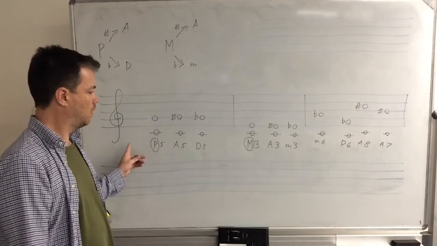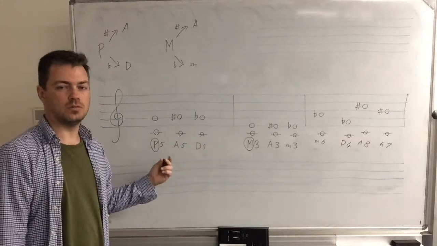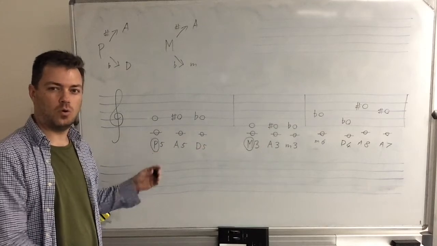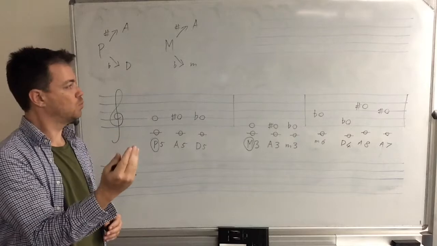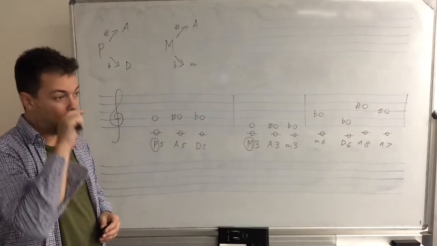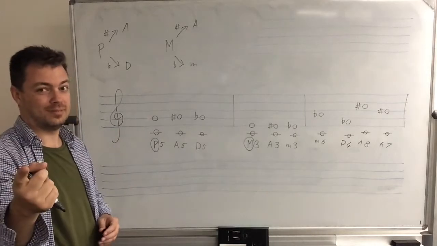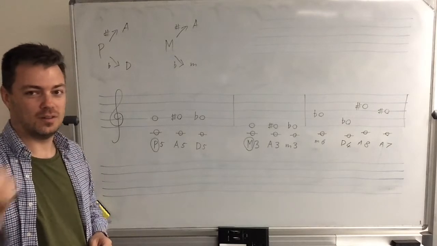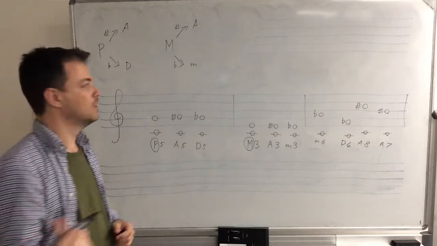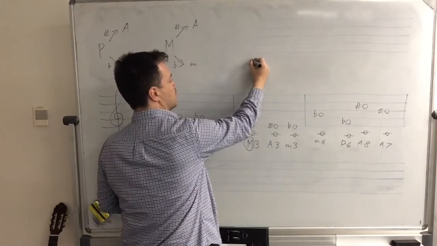As I've mentioned a few times throughout the video, it does require you to know the order of intervals within a major scale. Does anyone know the order? If you want, once again, pause the video and see if you can write down the order. Then we're going to write down the order right now. So a unison is perfect.